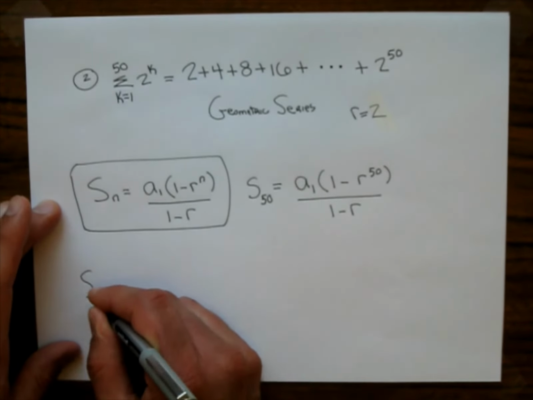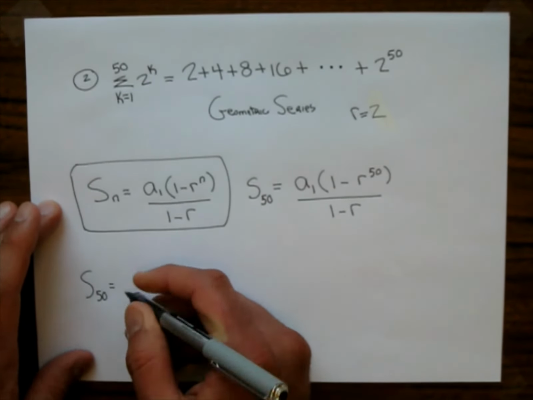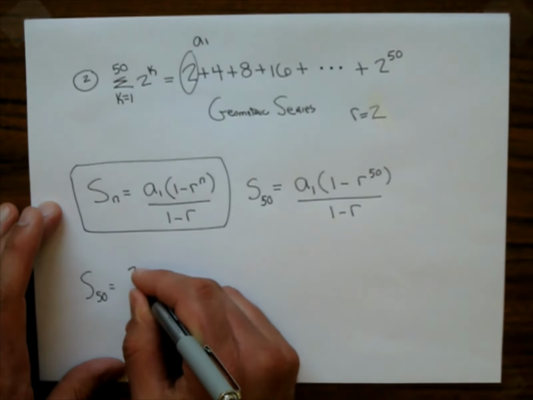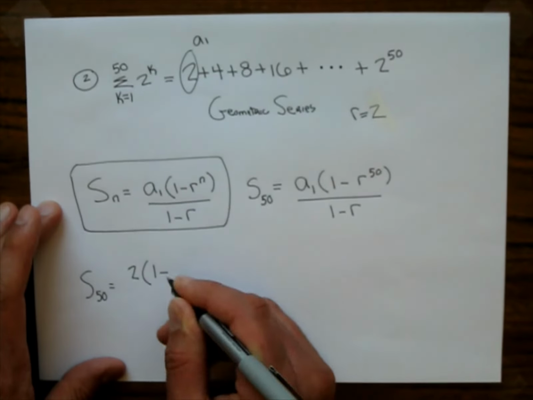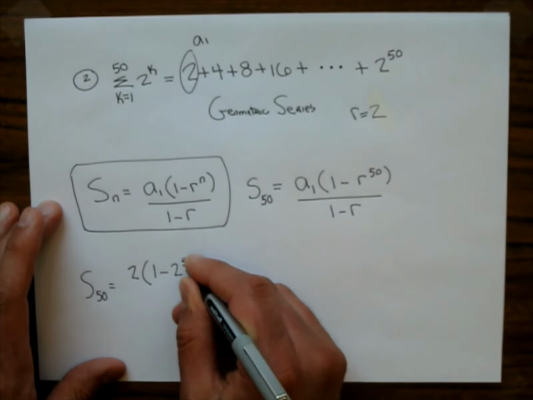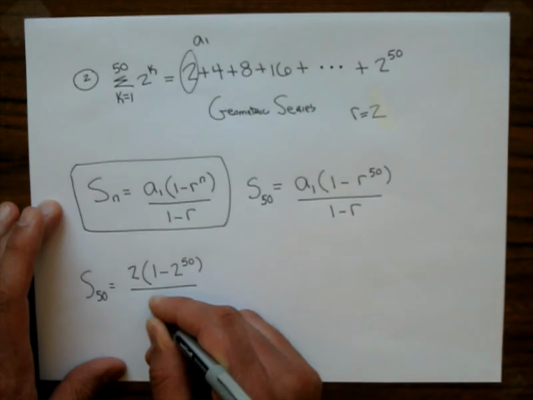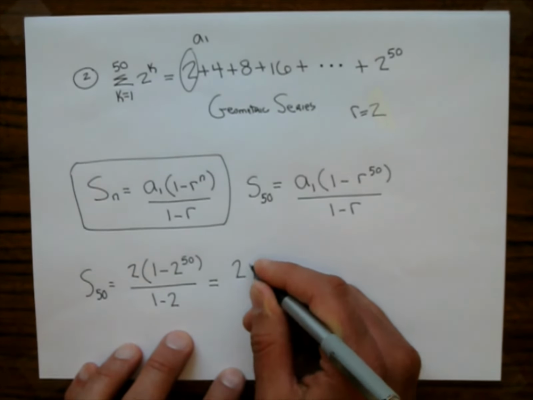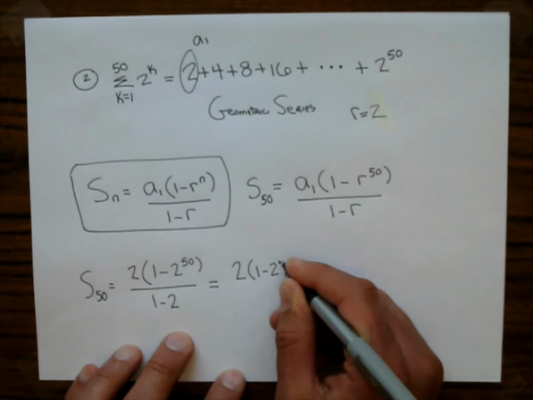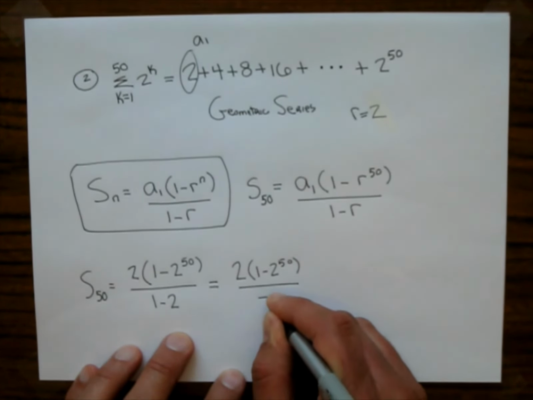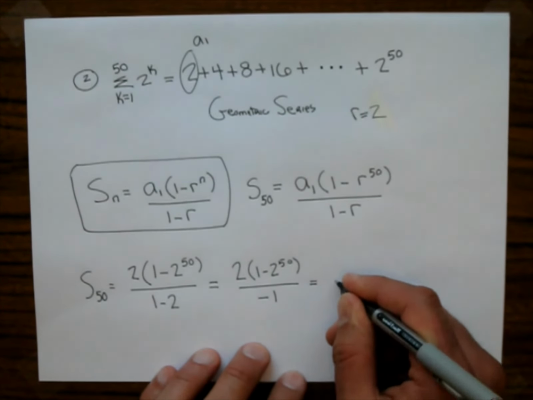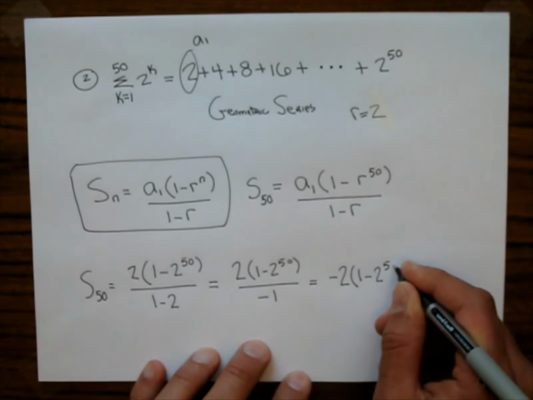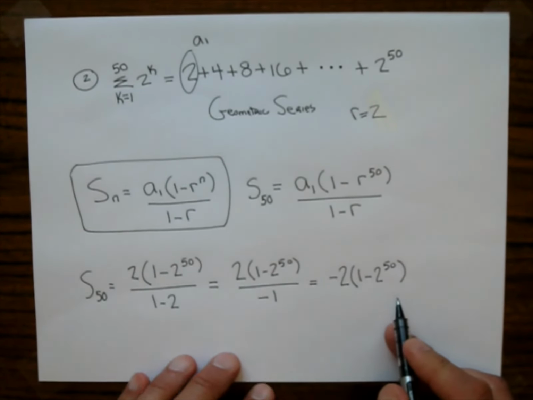So S50 equals a1, and this first term is a1, which is 2, times 1 minus 2 to the 50th, all over 1 minus 2. On the bottom, 1 minus 2 is a negative 1, which could actually go up top. So you can write this as negative 2 times 1 minus 2 to the 50th. You can even bring the negative inside the parentheses if you'd like.